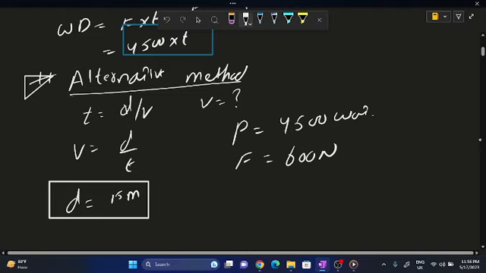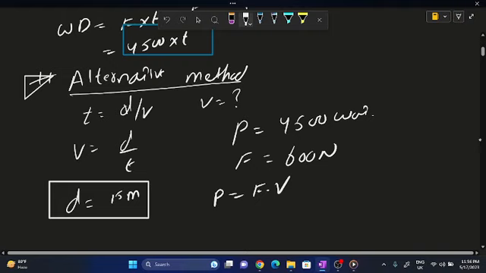You can use one of the formulas that relates power, force and velocity. That was P is equal to F dot V. So instead of going through another long process like equations of motion, through which you need time, initial velocity, final velocity, you can use the formula that relates power, force and velocity.